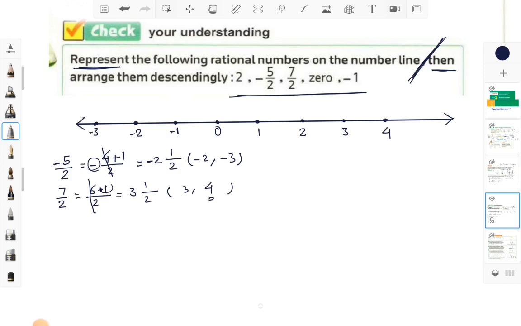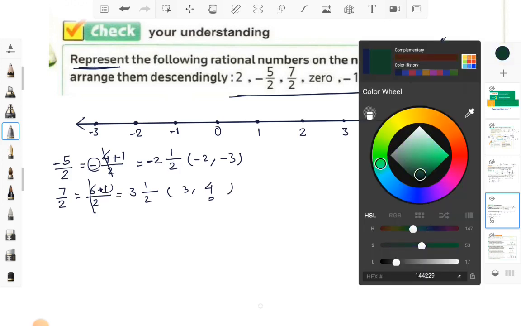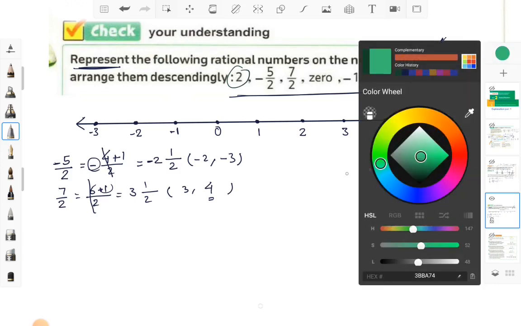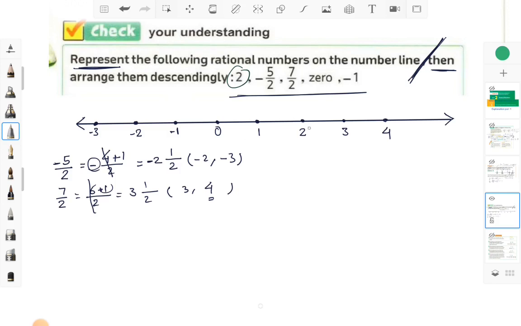Okay. Now start with each rational number. Look here, we have 2. Where is 2? It's here.